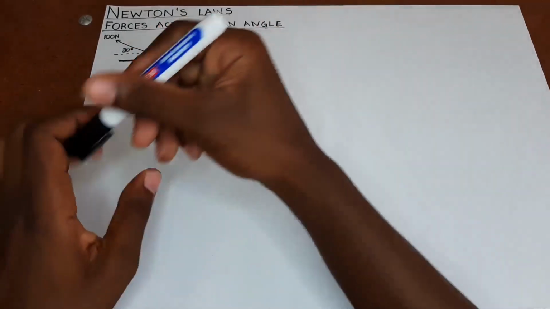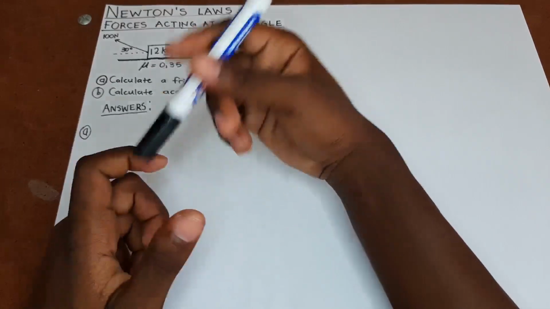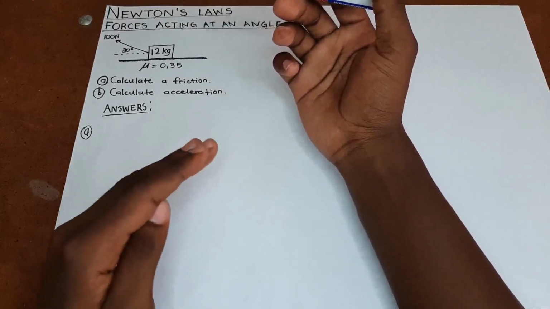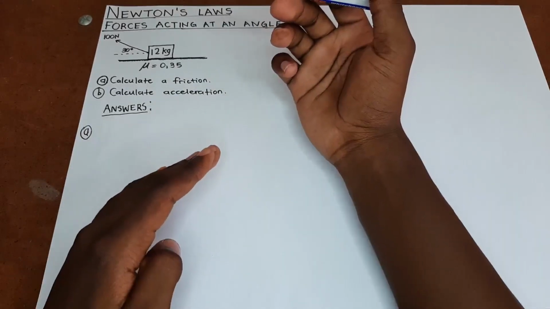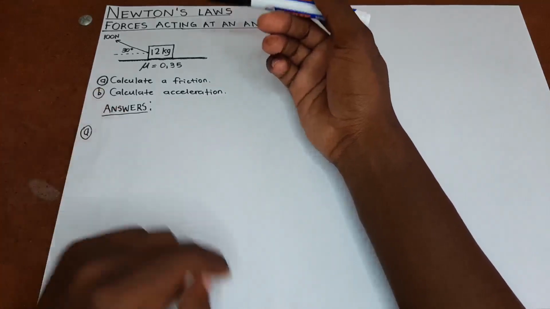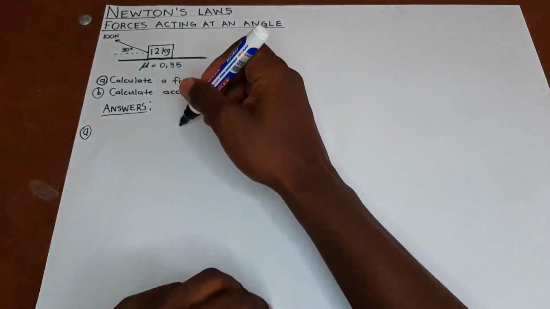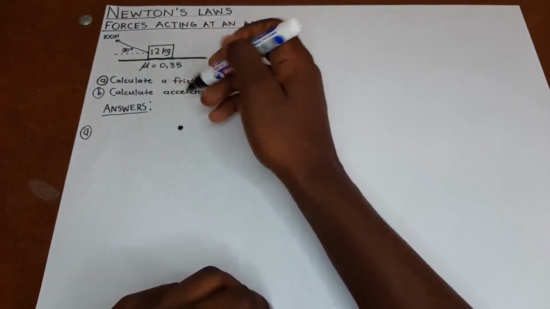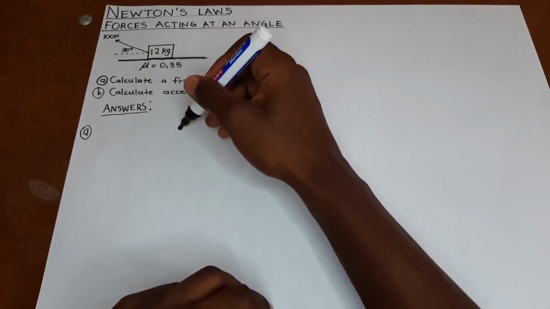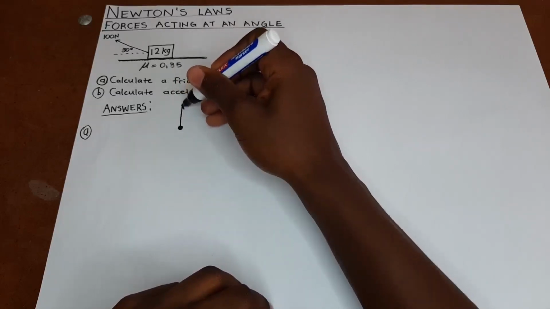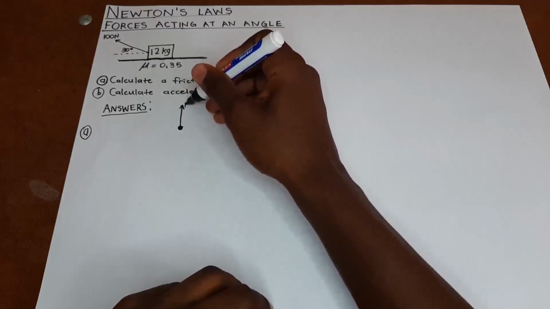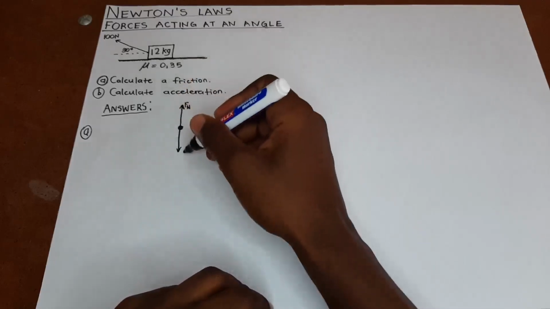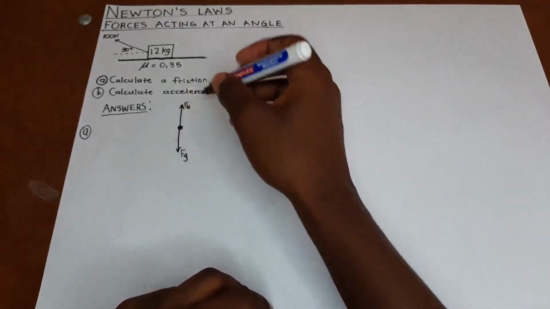In order to find that, the very first thing we should do is draw a free body diagram. We haven't yet answered our question. Let's look at all the forces acting on that 12 kg block. We have the normal force on the surface, and the gravitational force, FG.